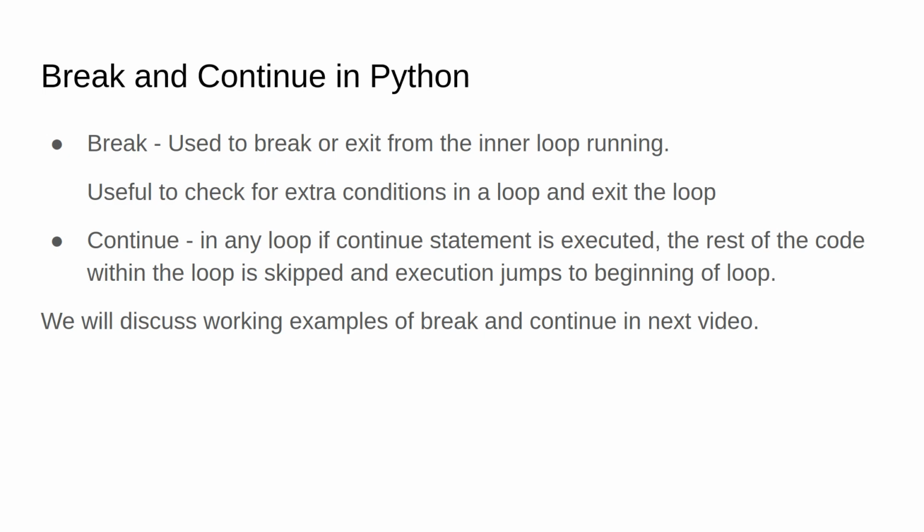So break is used even before we complete the loop. Whereas when we use continue, the rest of the program code that forms the body of the loop is skipped, and the execution jumps to the beginning of the loop. We will also see examples of break and continue in the program in the next video.